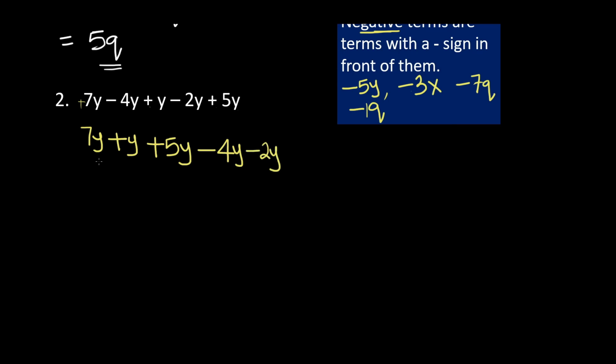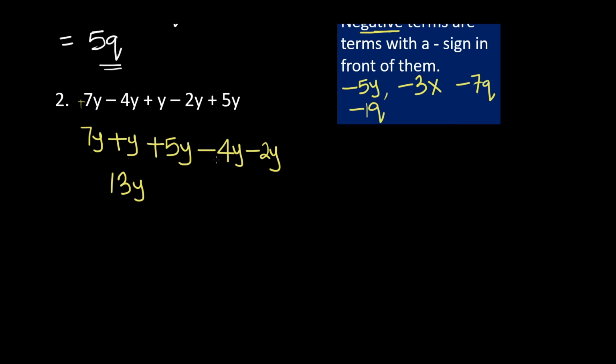Okay. So let us add up all the positive terms. 7y plus y, that is 8y. 8y plus 5y, that is 13y. Okay, and this is negative 4y and negative 2y.